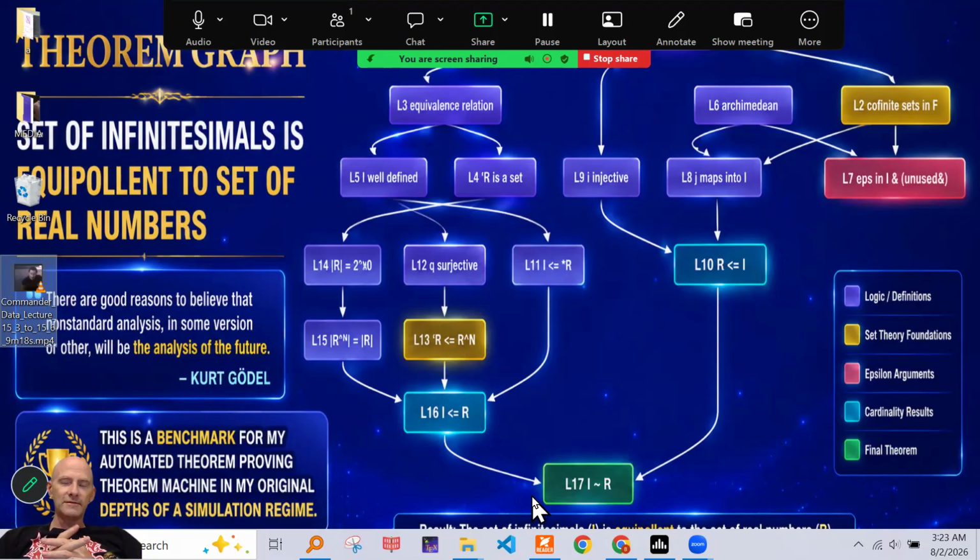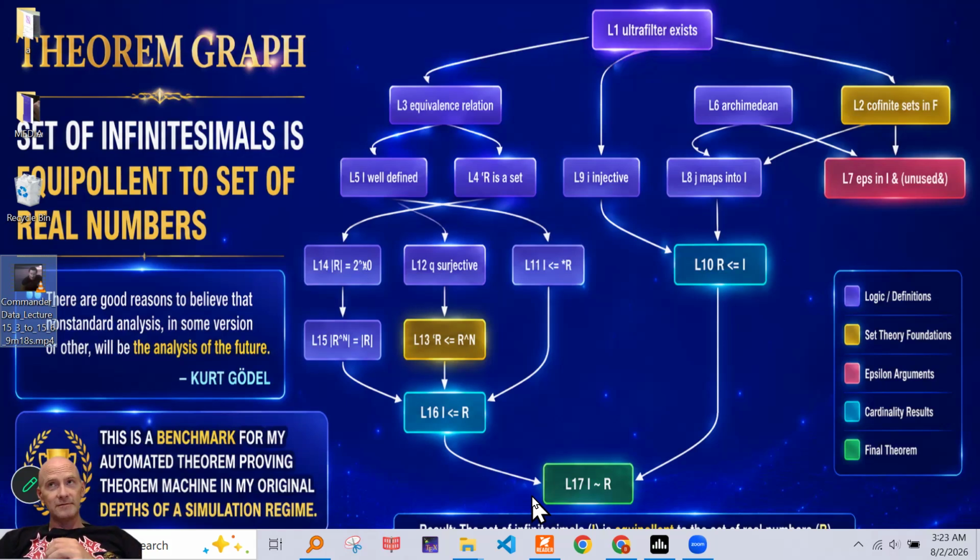I'm trying to prove that the set of all infinitesimals is equivalent to the set of all real numbers. That's really, really bizarre to me, and it's true.